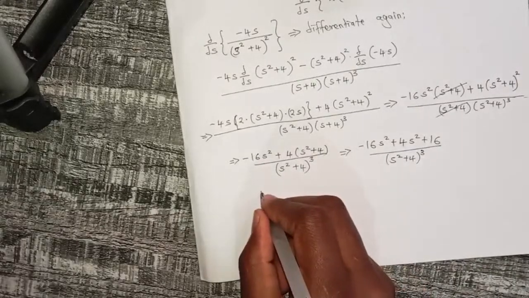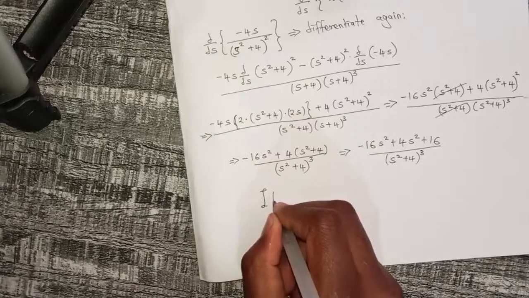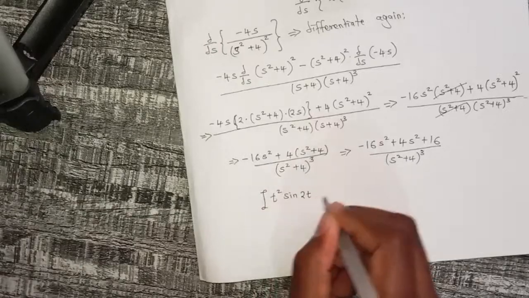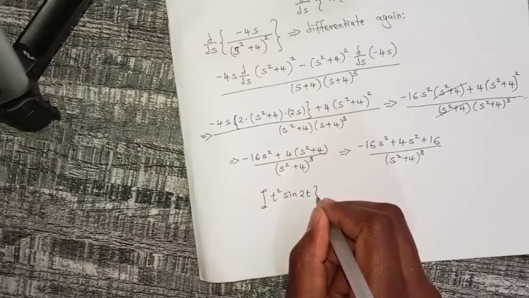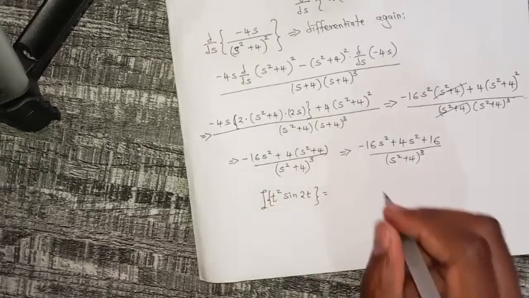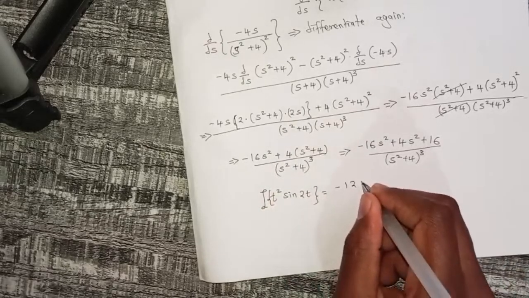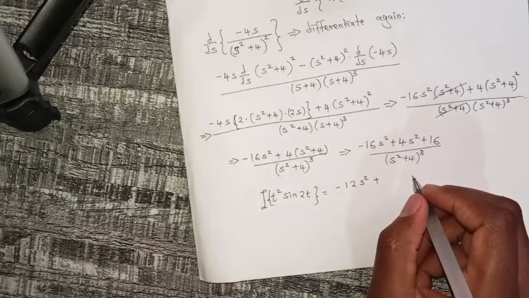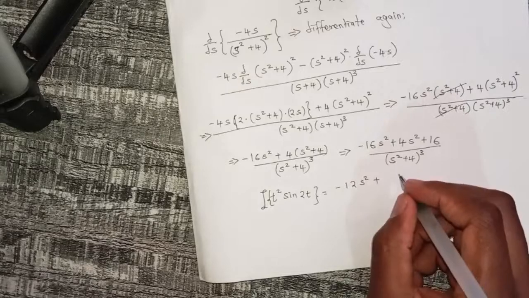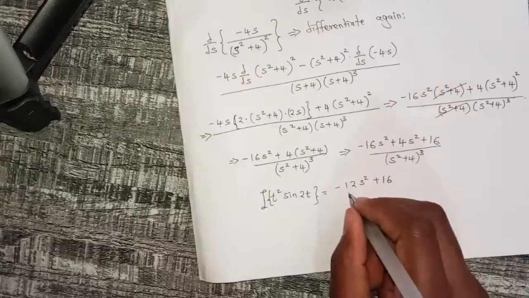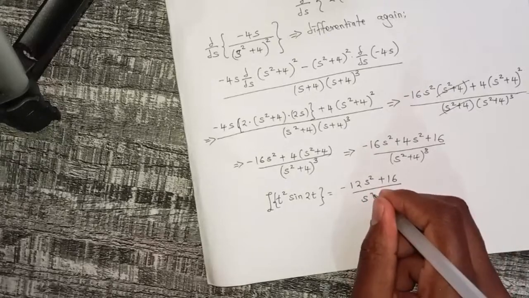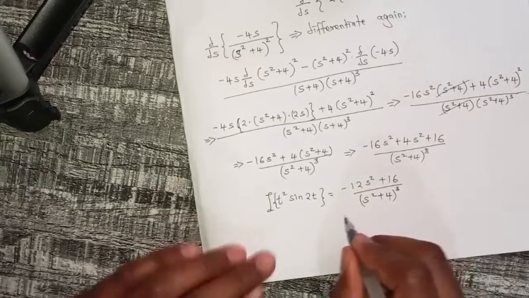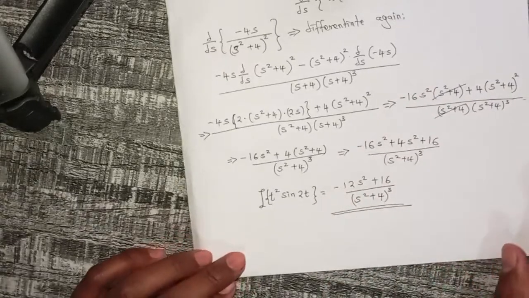So we can simply say that the Laplace transform of t squared sine 2t is equivalent to minus 12s squared plus 16, divided by s squared plus 4 cubed, and that is the final answer.